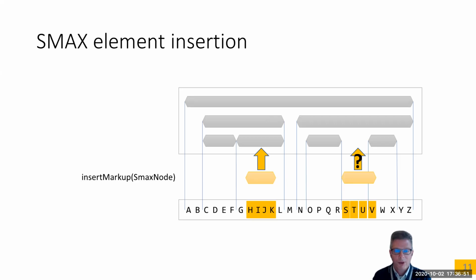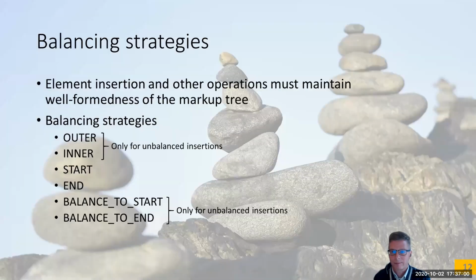So in order to deal with this, we've developed several what's called balancing strategies to make the tree well-formed again. These balancing strategies make sure that whenever we insert an element, the well-formedness of the markup tree is preserved.